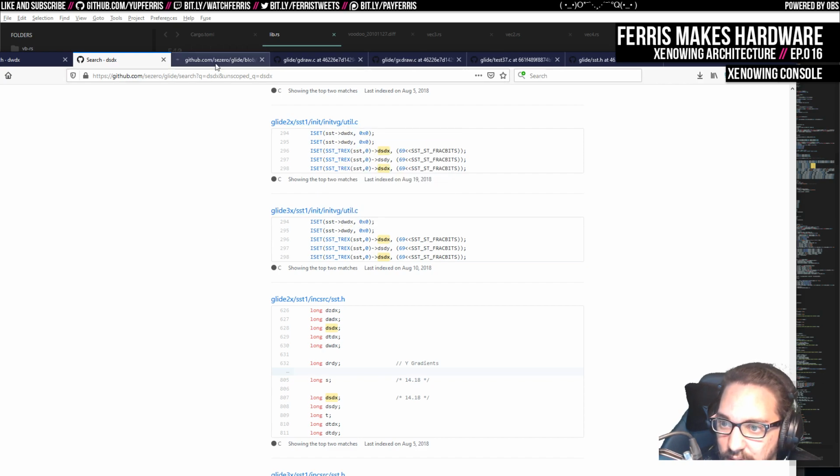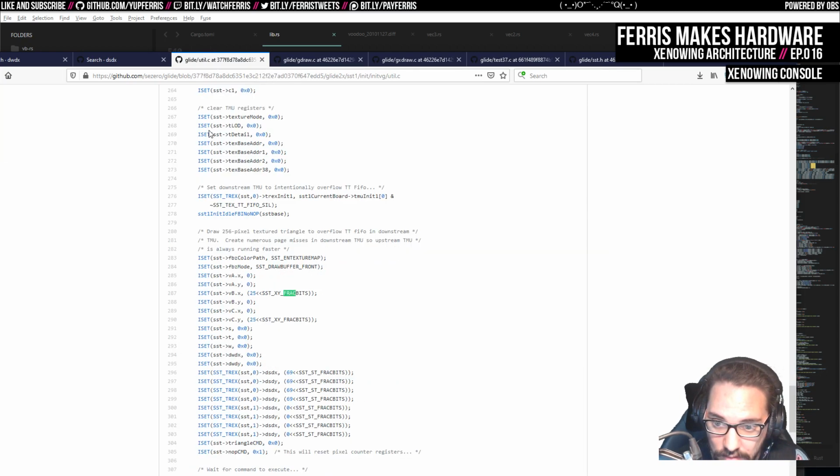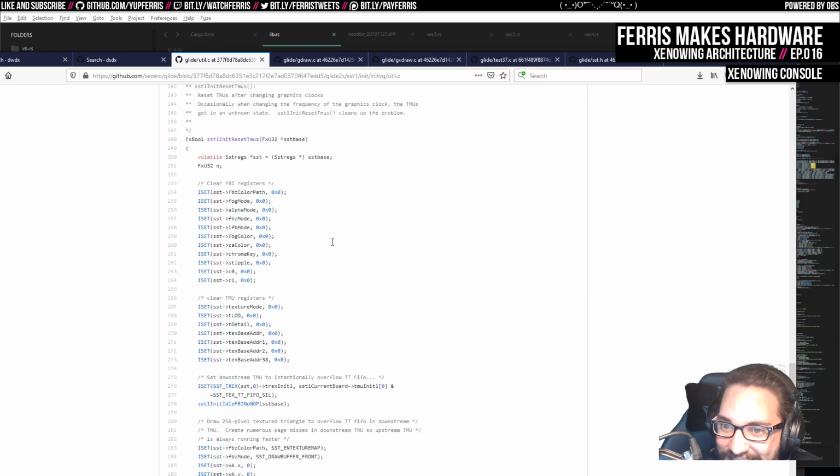What is it doing here? Create numerous page misses in downstream TMU, so upstream TMU is always running faster. What?